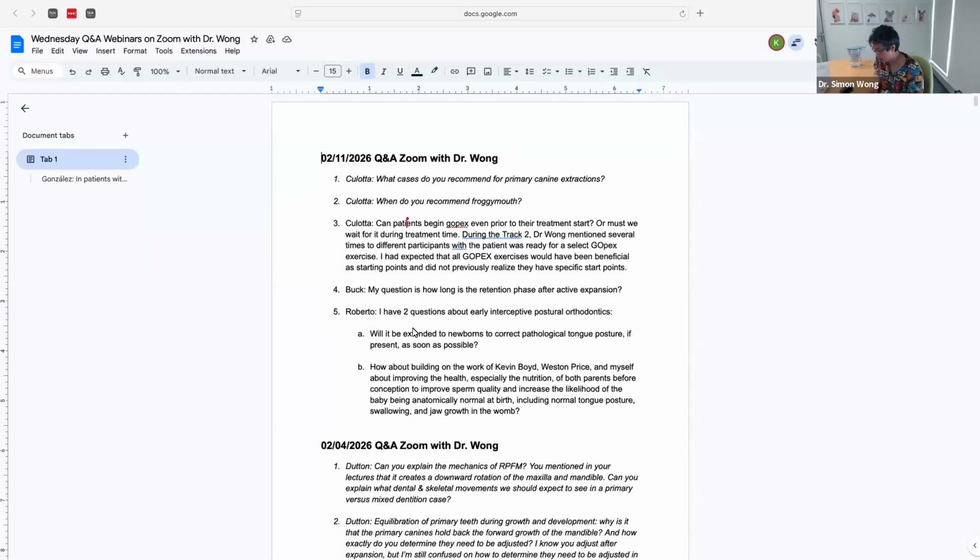Some children, if we are uncertain whether either they or the parents have the maturity to handle the treatment, we ask the parents to begin with the exercises and we get a gauge of how much discipline there is in the household.